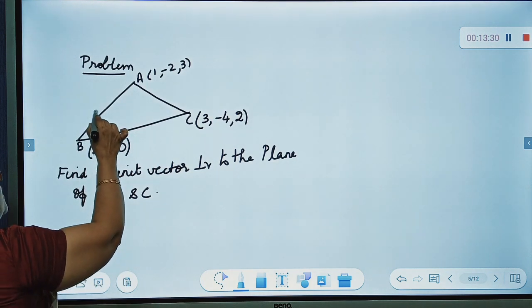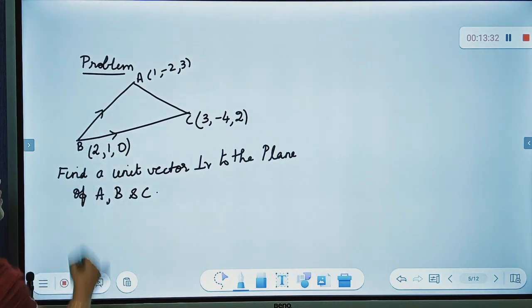So let us fix the direction like this, as if they are moving outwards from B.